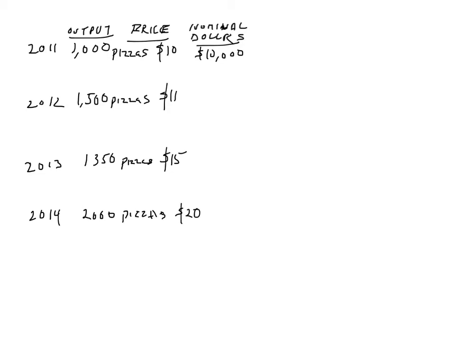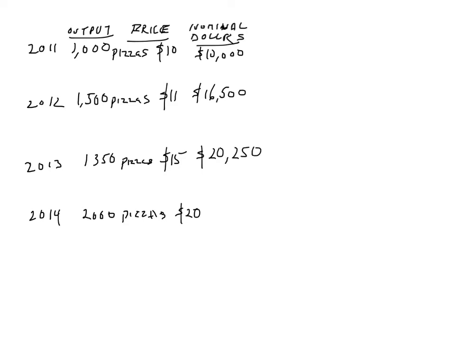So if we were to calculate the GDP in each year, 2012, well, it's 1,500 pizzas times $11, which is $16,500 GDP, nominal dollars. 2013, it's 1,350 times $15, which comes out to be $20,250.